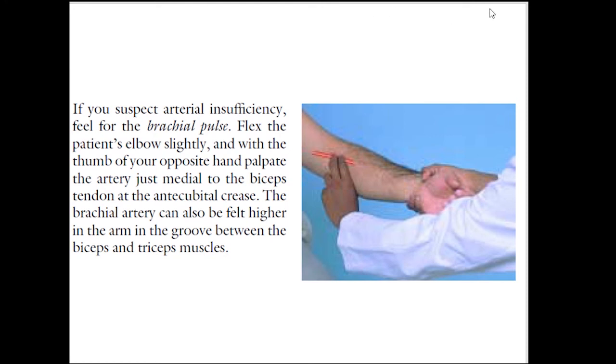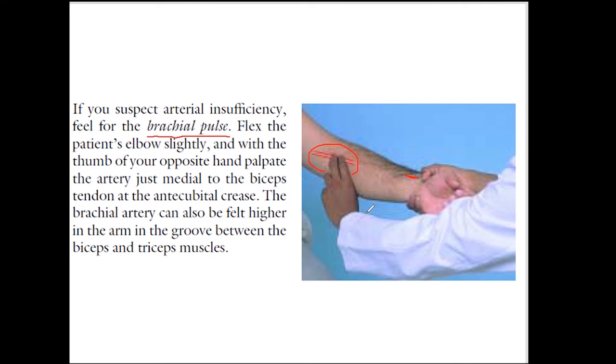And we can also feel the brachial pulse, especially when you're thinking about patients who have some artery or blood supply problems and it's hard to feel the pulse in the wrist area. You go to the brachial pulse. That's the same location where we test blood pressure.